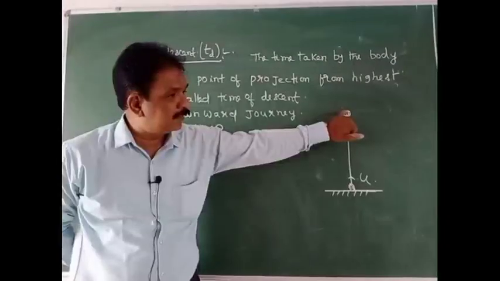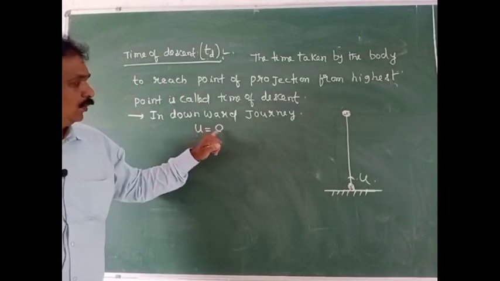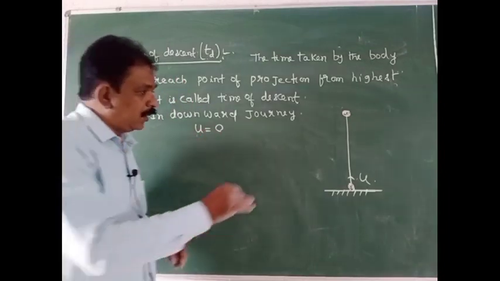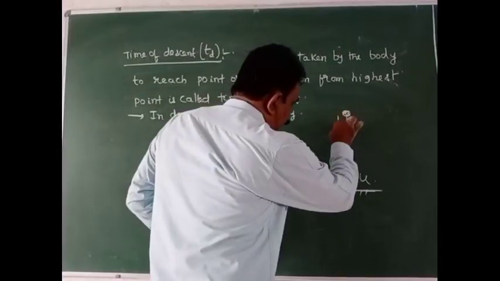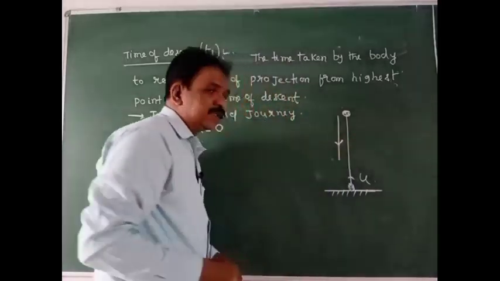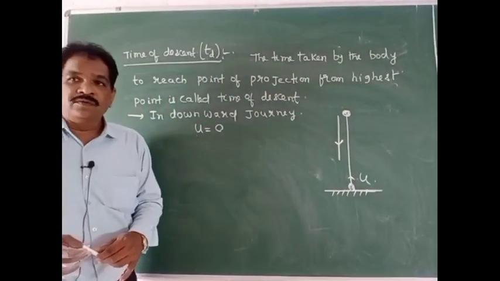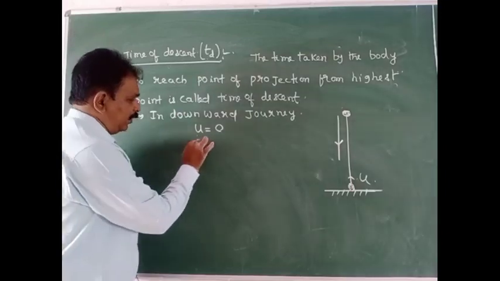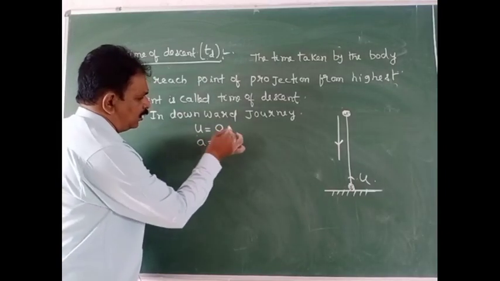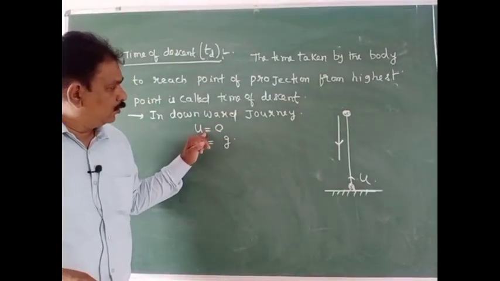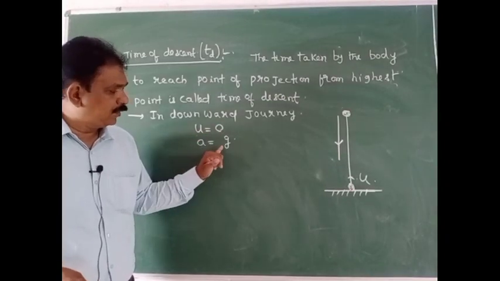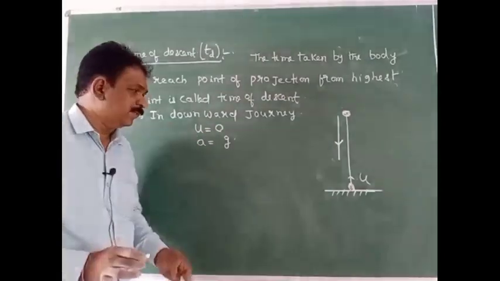So no velocity here, so u is equal to 0. Now the body is falling towards the earth, so a value will be plus g. u is equal to 0, a is equal to g.